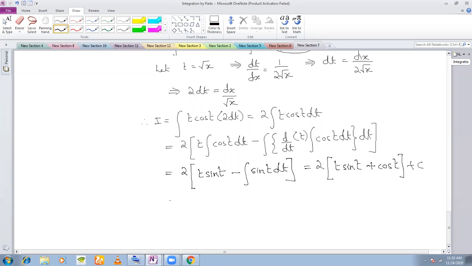Now you put back the value of t. We have taken t as root x, so this is root x sin root x plus cos root x. So if we substitute t is equal to root x, the integral becomes much easier.